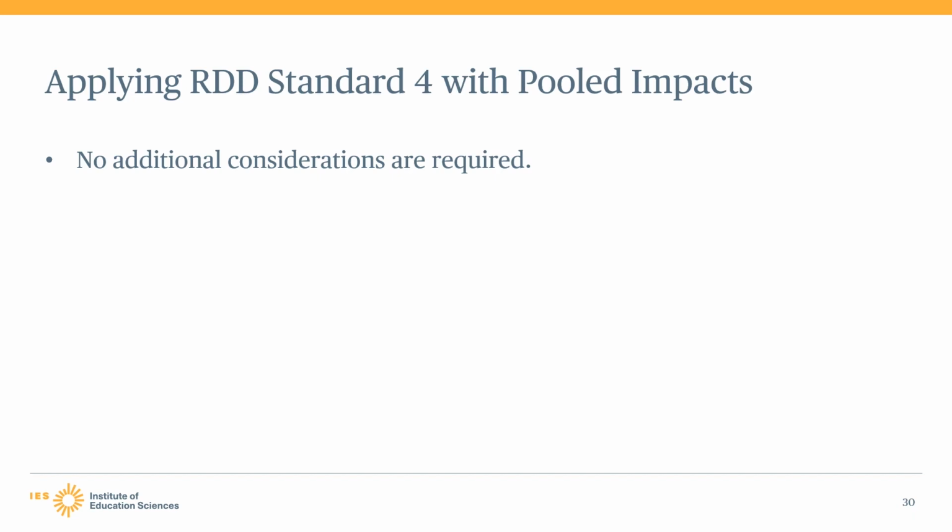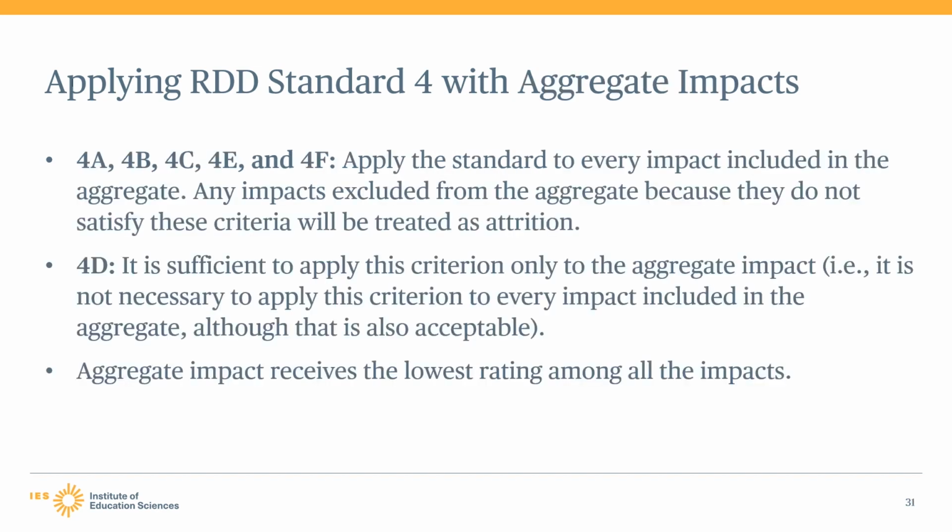When reviewers assess RDD Standard 4 for RDDs reporting pooled impacts, there are no additional considerations needed. However, when RDDs report aggregate impacts, there are a few additional considerations needed when reviewers are assessing RDD Standard 4.